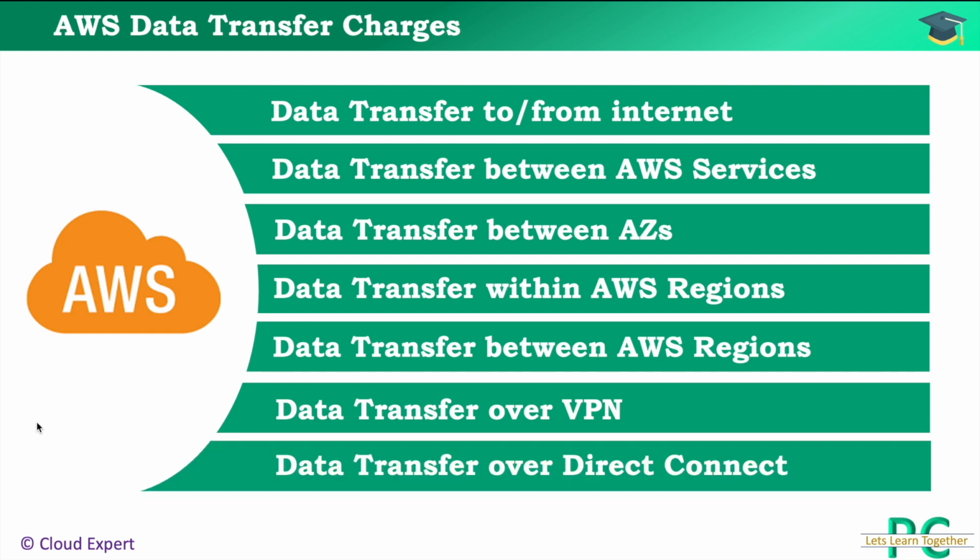Or what is the data transfer if you are using a Direct Connect solution? I hope these are all the use cases that we come across day by day in our architectural design decisions, and this topic will give you a complete understanding of AWS data transfer charges.